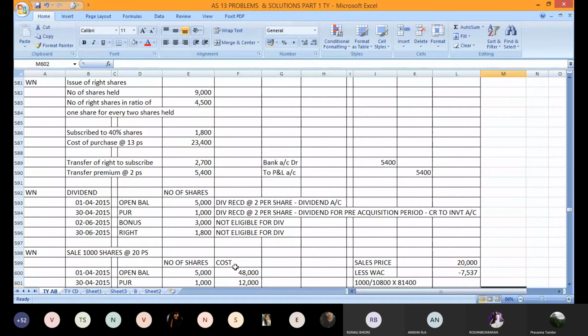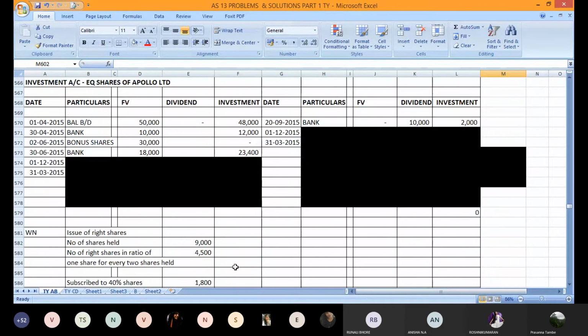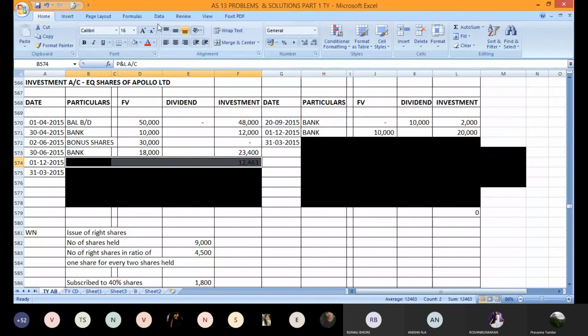So let's post these entries into the ledger. The first entry, bank account debit to investment account 20,000, face value is 10,000, and the second entry is investment account debit to profit and loss account 12,463.